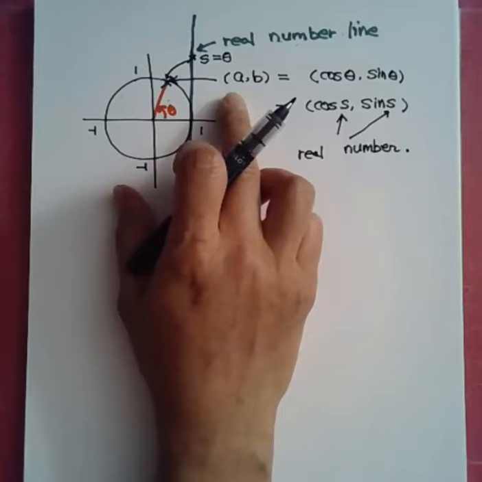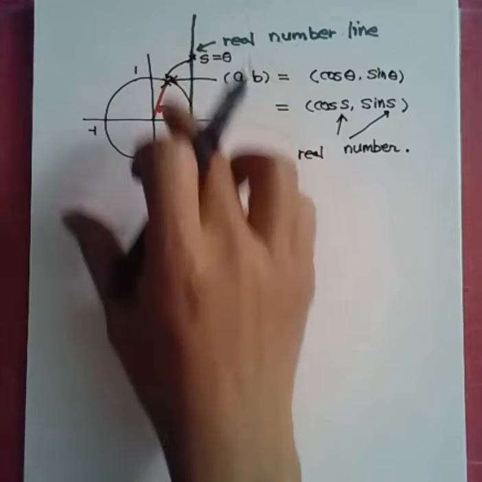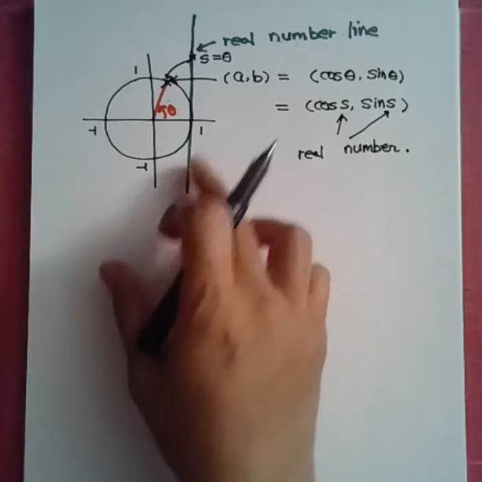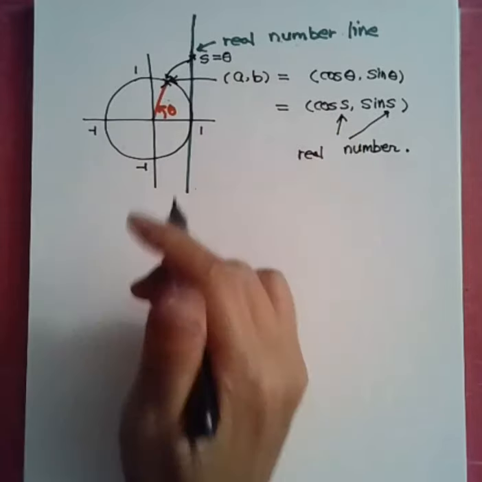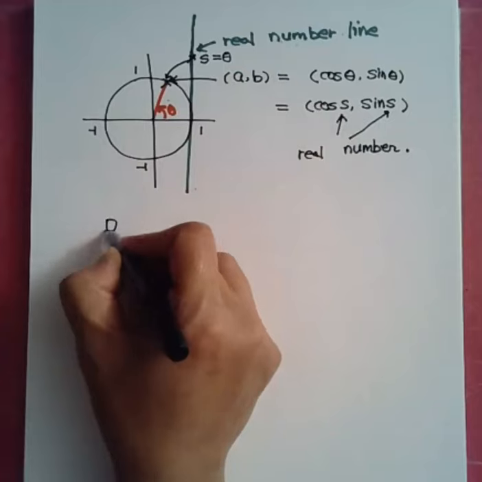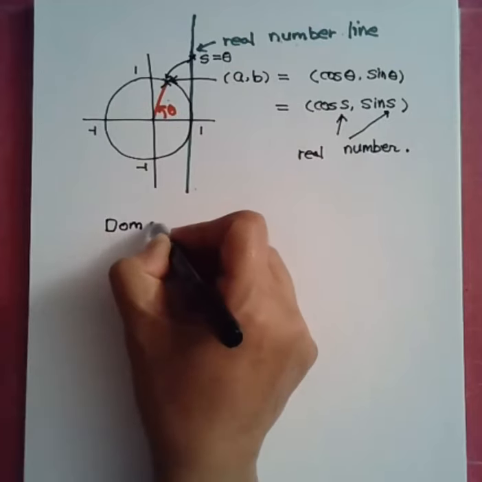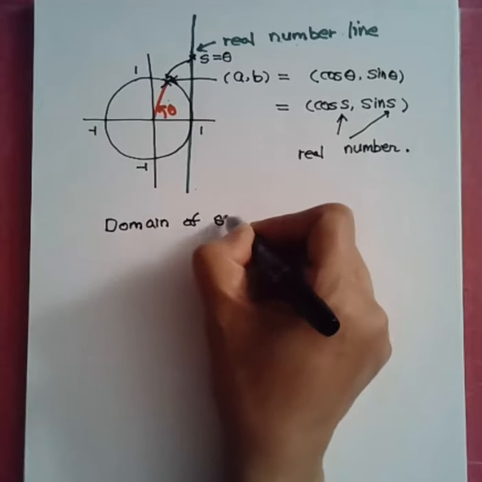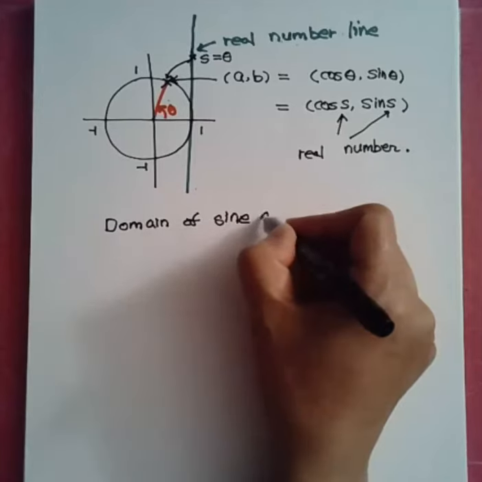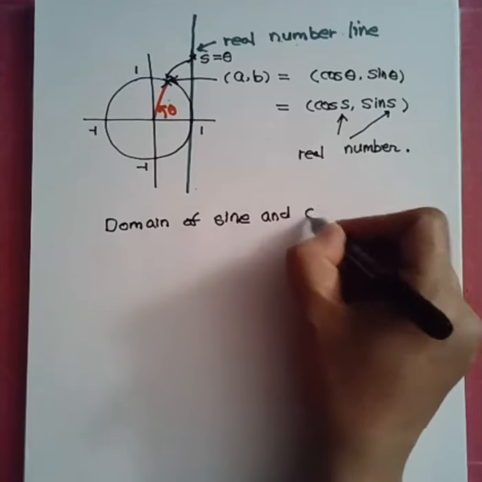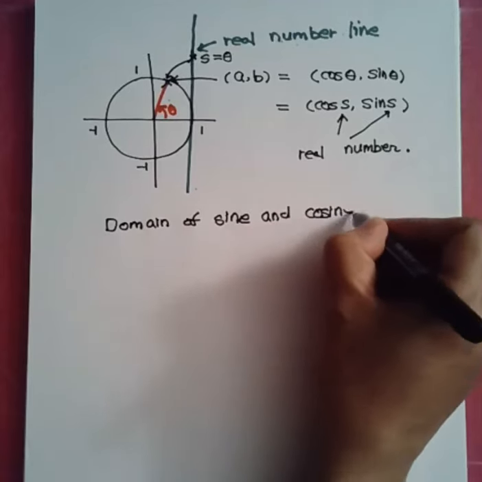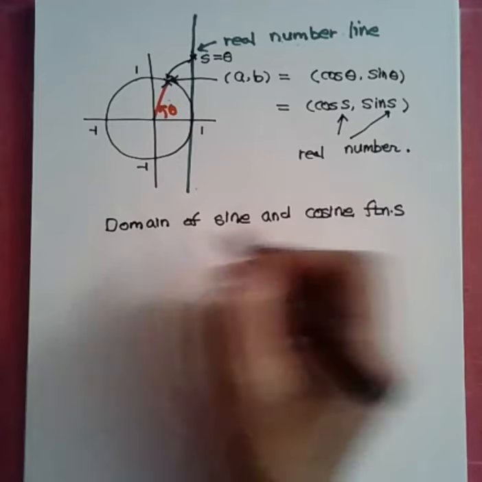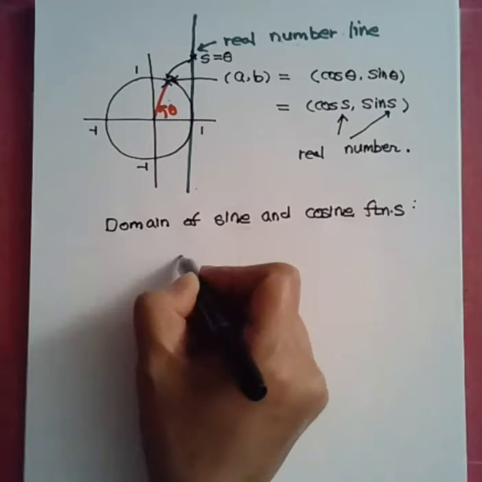That means whatever the chosen number on the real number line will be, there is an output value, right? So we can say that the domain of sine and cosine functions are all real numbers.